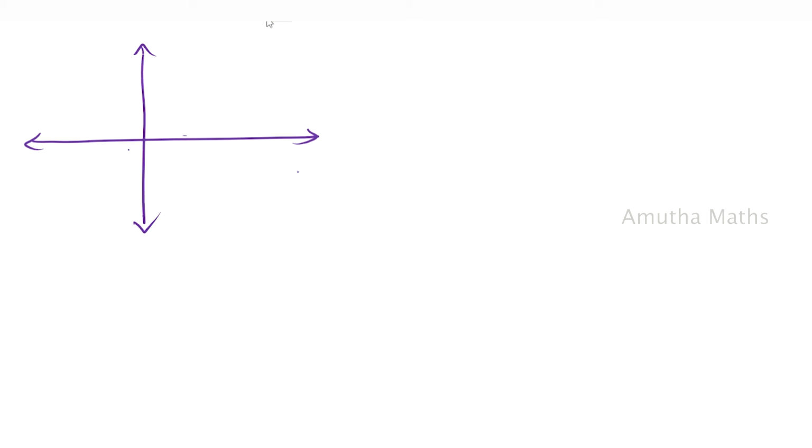So the distance from the origin to the point P is r, let us take that is r, and the angle made by this line with the x axis is theta. இது என்ன எடுத்துக்கலாம் theta ன்னு எடுத்துக்கலாம்.